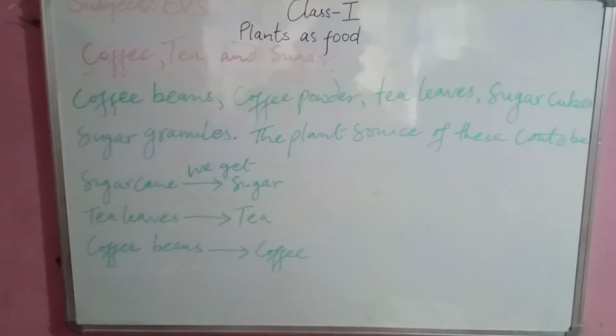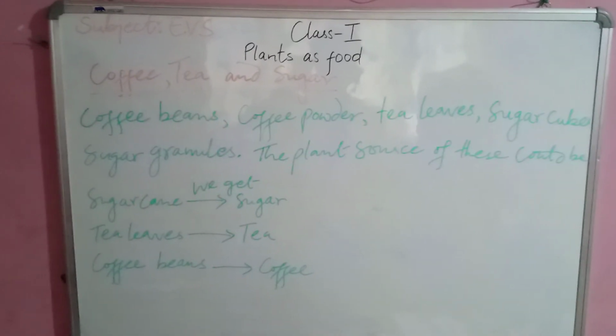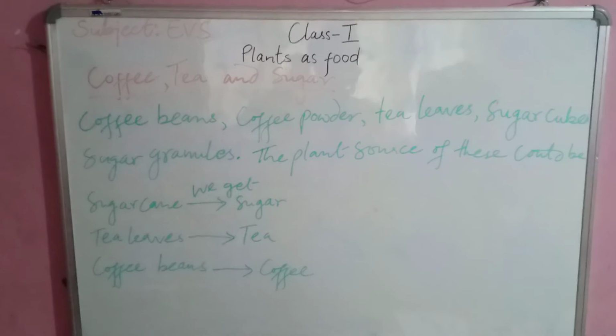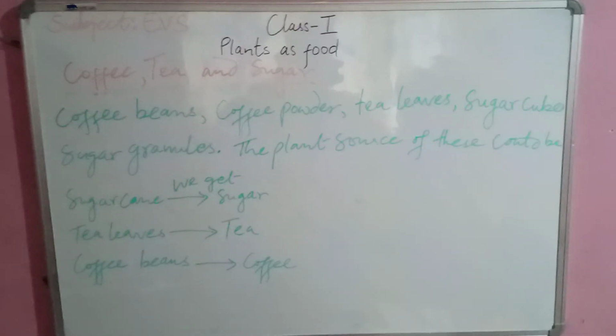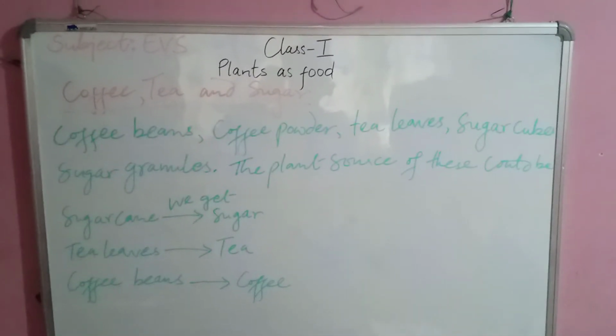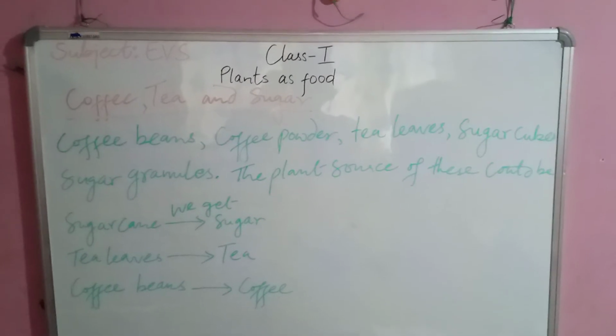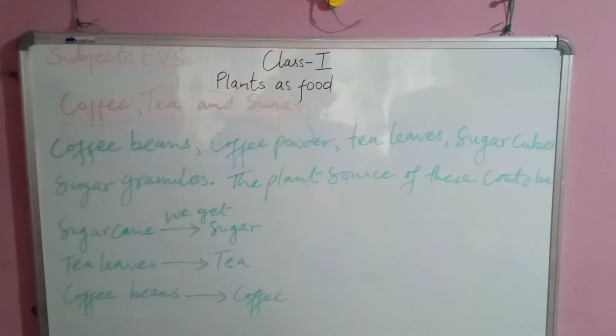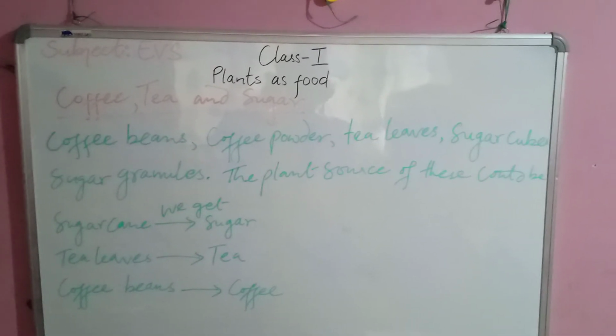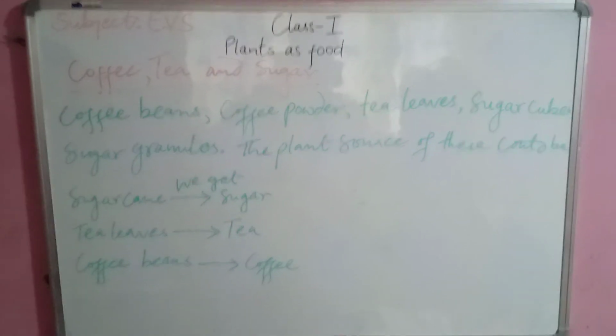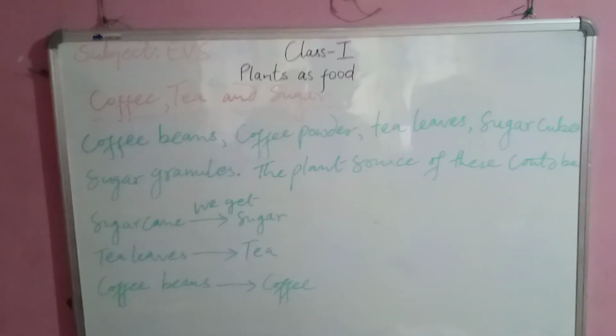Number 1, chocolate. Number 2, fruit juice in a Tetra Pak. Tetra Pak means a box that we drink from. Number 3, fruit jams. And number 4, tomato ketchups.